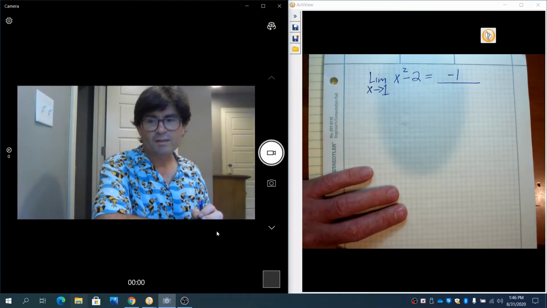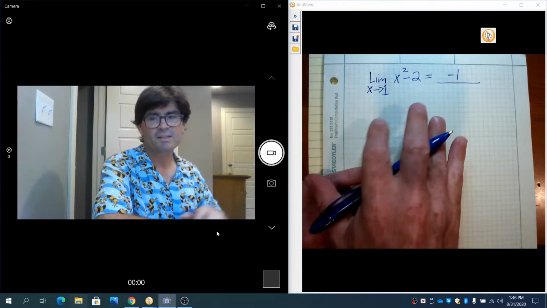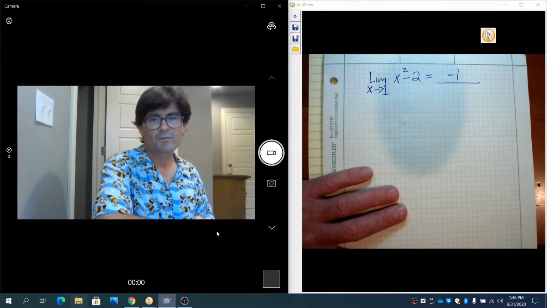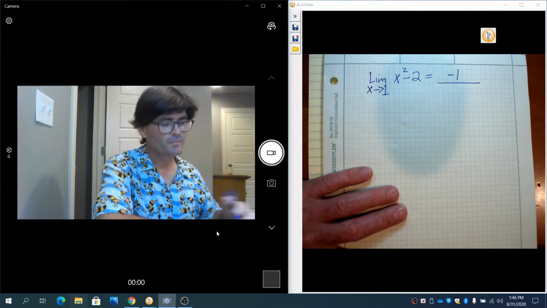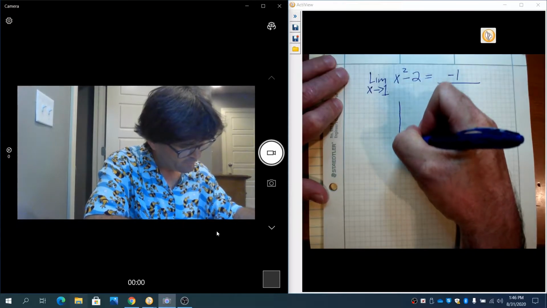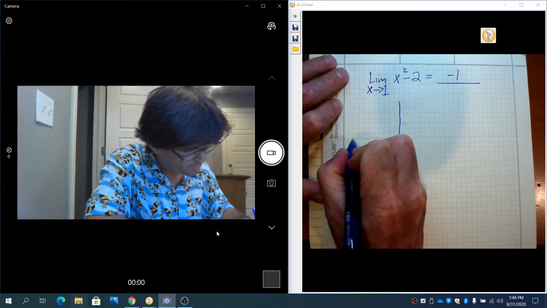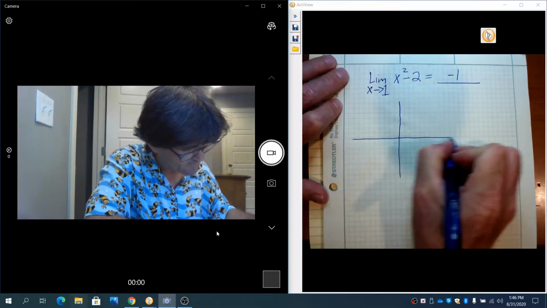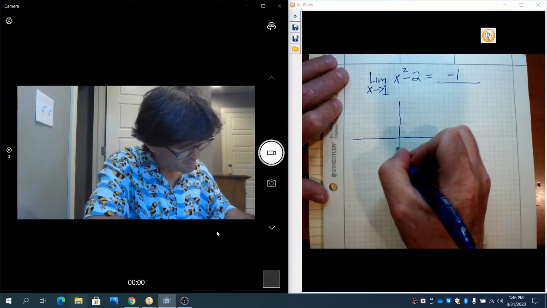Now, that's a very easy thing to do, but it also taught you nothing about what a limit is or why it's important. So I'm going to leave this on the top of the paper. We're going to draw a graph, and we're going to delve more into what a limit is and why it matters. So for starters, I'm going to draw this graph, at least a version that's good enough for us to work with. Here's -2.